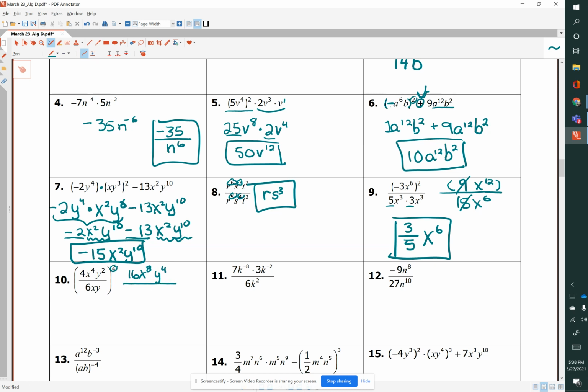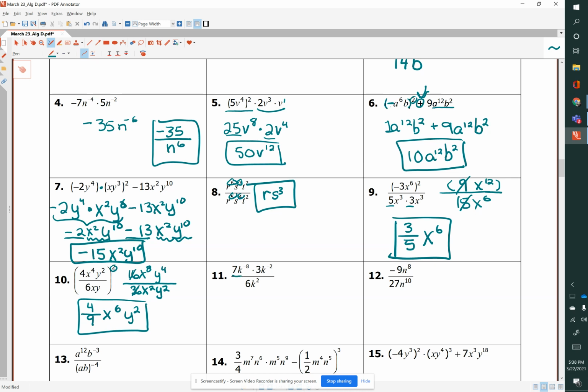In the denominator, remember, the 2 applies to everything inside the parentheses. 6 times 6 is 36. X 2, Y 2. Now we simplify 16 over 36 by dividing by 4. So that would be 4 over 9, x to the 6, y, 4 minus 2 is 2.